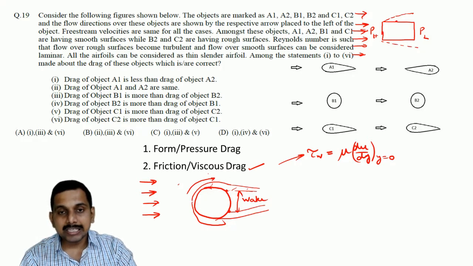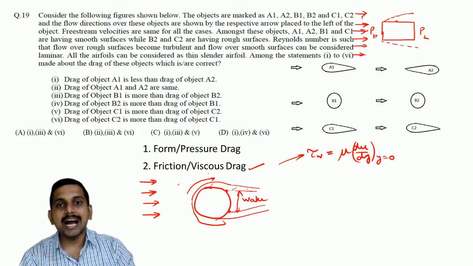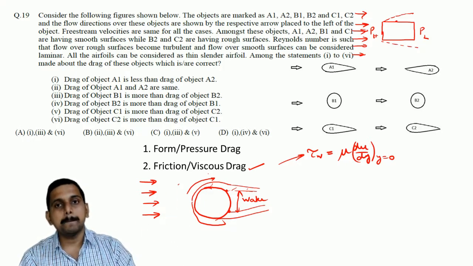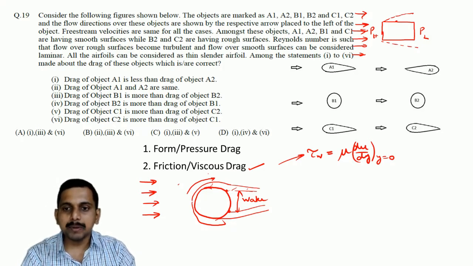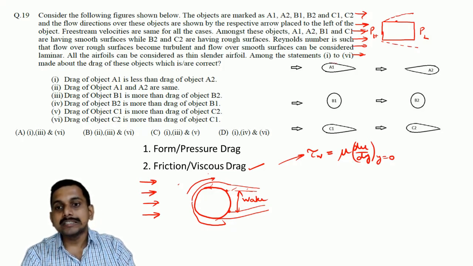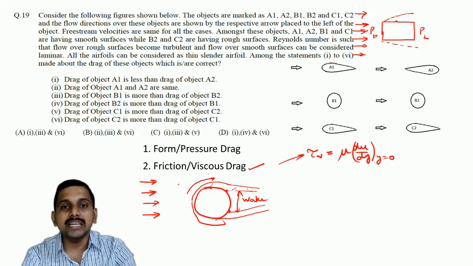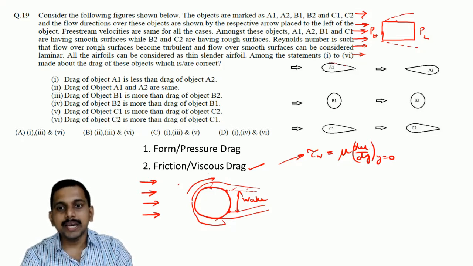Now, the larger the area of the wake, the higher the pressure drag. Larger the area of the wake, higher the pressure drag. In the first case, the wake does not allow a sudden increase of pressure. It offers a gradual increase of pressure.